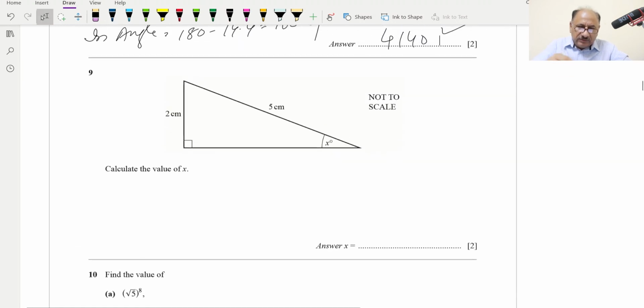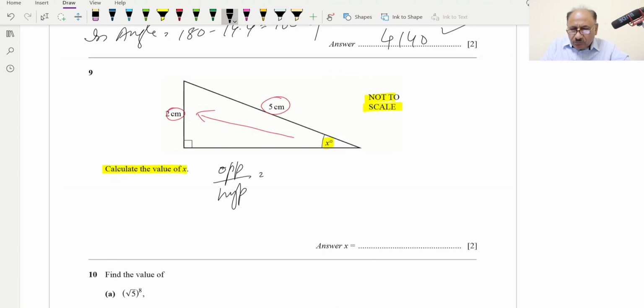Now question number 9. Question number 9 says calculate the value of x. A not to scale drawing is provided. So we can take opposite over hypotenuse, which will be equal to sine of x degrees, and opposite is 2 basically, so 2 over 5 will be equal to sine x.